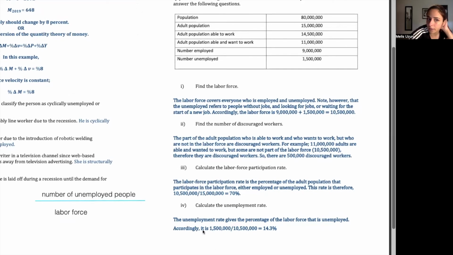So if you divide the number of unemployed people by the labor force, you will find that 14.3% is the unemployment rate.